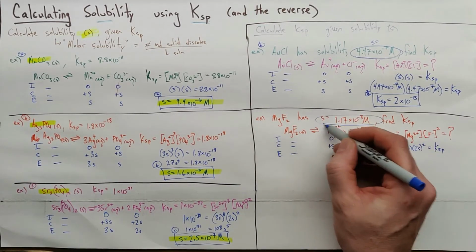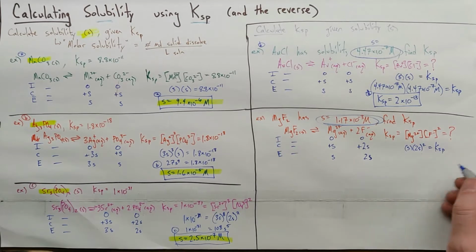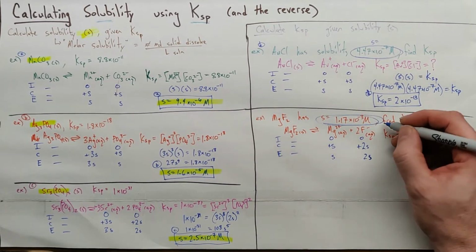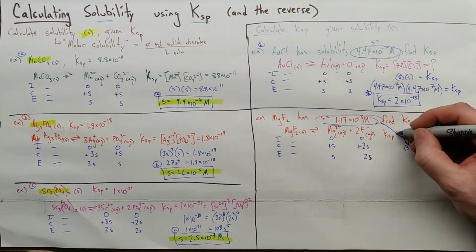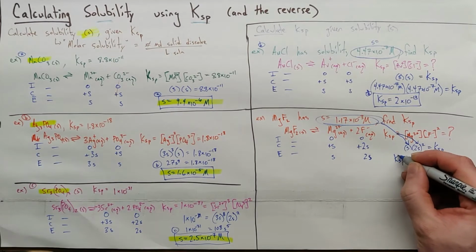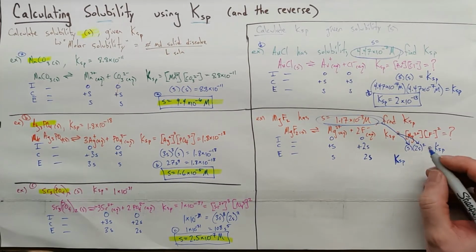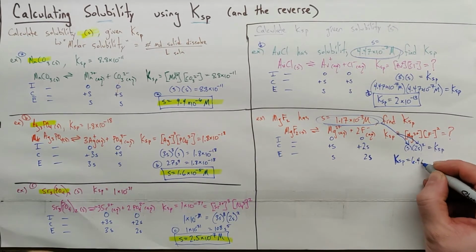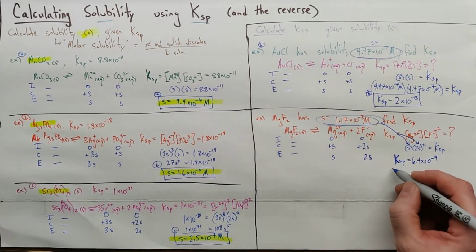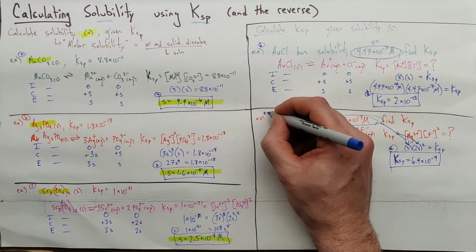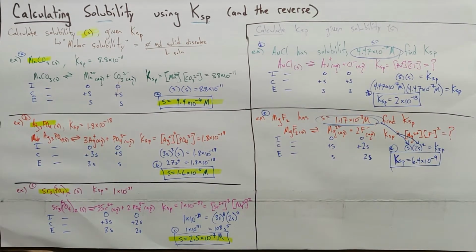And our S is right there, so I don't really want to write that, but our Ksp value ends up being 6.4 times 10 to the minus 9th. Call that example E. And then one more example.